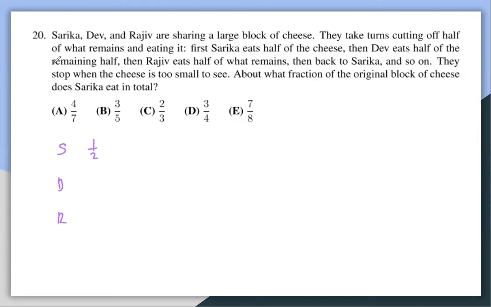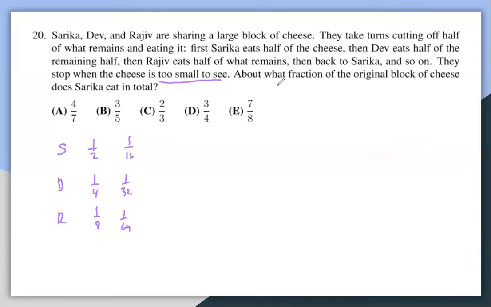Then Dave eats one half of the remaining, which means 1/4 will be left. And then the same thing goes on with R, so 1/8 will be left. Then 1/16 left, 1/32, 1/64. And this just continues until it's too small to see.